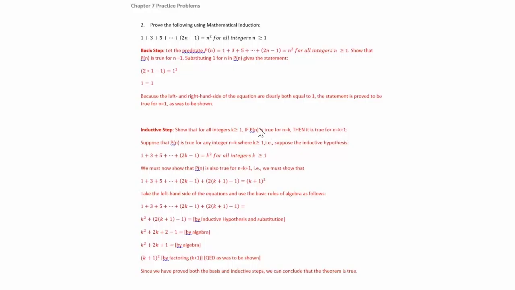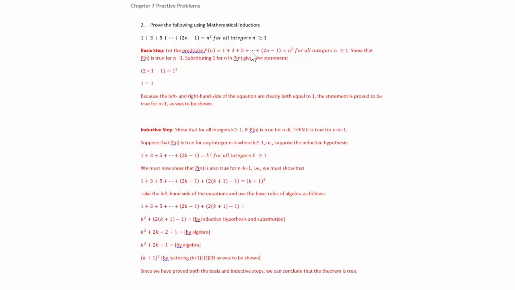Okay, so what we're going to do is take this whole equation and replace all of the n's with k. So 1 plus 3 plus 5 plus ... plus 2k minus 1 is equal to k squared. Then what we're going to do is replace n with k plus 1.